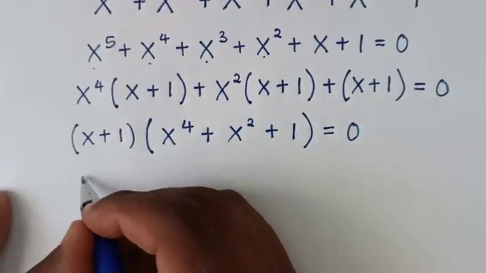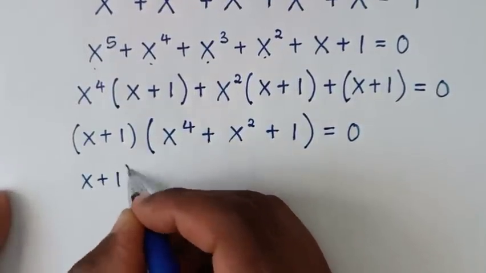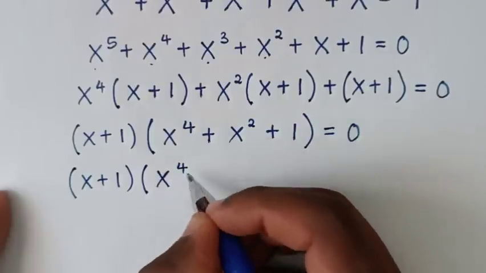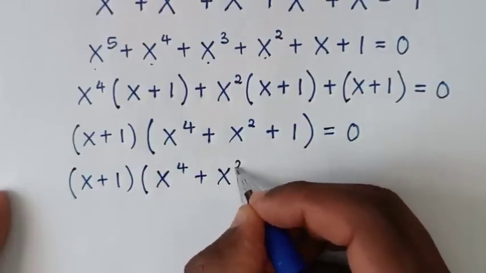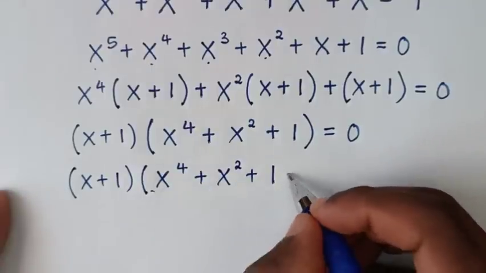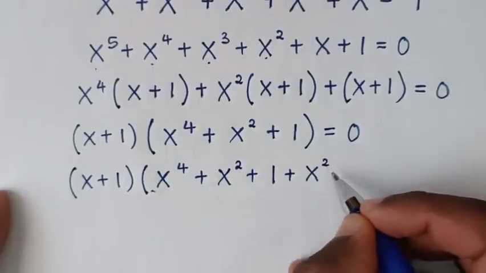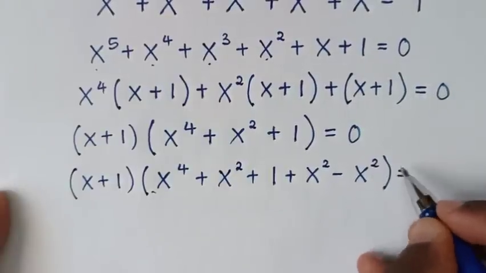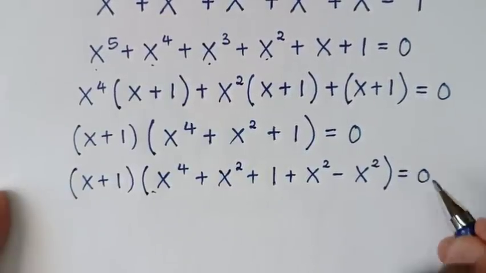Then in the next step, it will be x plus 1 bracket, then bracket. Here it will be x^4 + x^2 + 1. Then into here we'll add x^2 and then minus x^2, bracket is equal to 0.